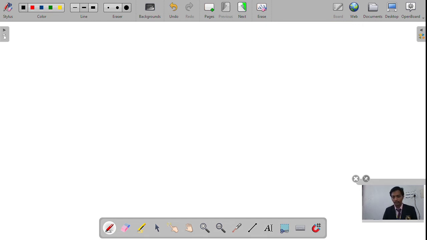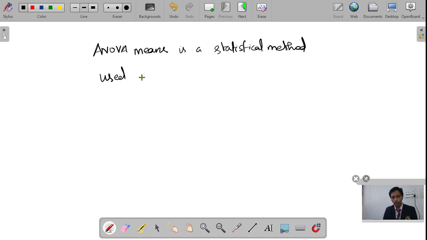Now we may move into the topic. In design of experiments, we are going to see first analysis of variance, that is ANOVA. ANOVA is a statistical method used to test the difference between more than two means.